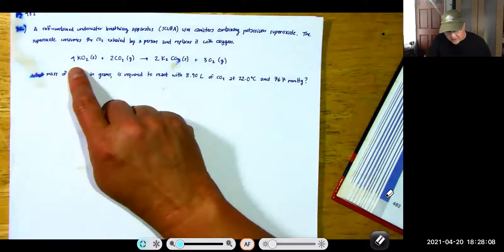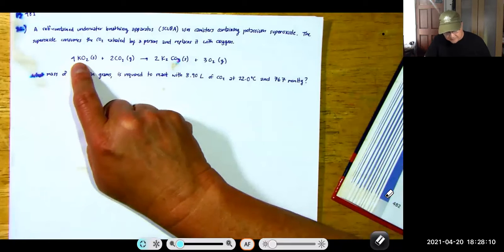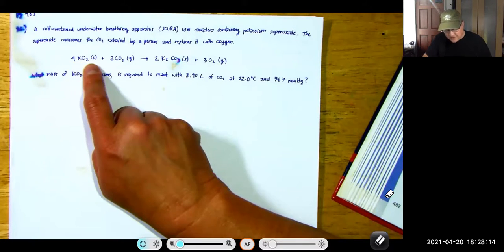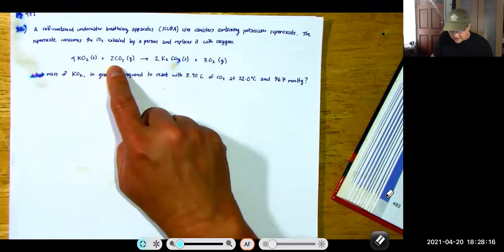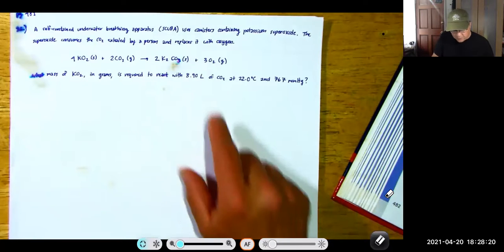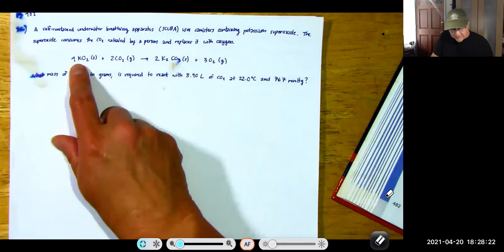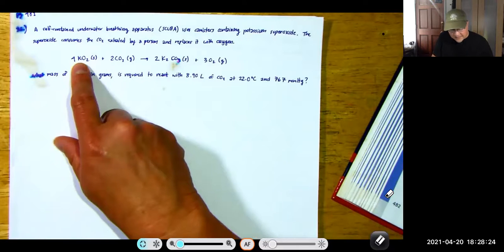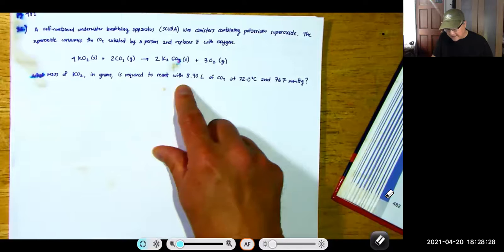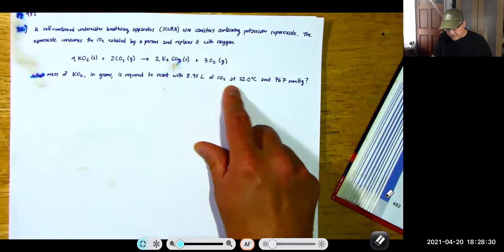So here is the 4 potassium superoxide plus 2 carbon dioxide gives you 2 potassium carbonate plus 3 O2. What mass of the potassium superoxide in grams is required to react with 8.9 liters of CO2, so forth and so on.